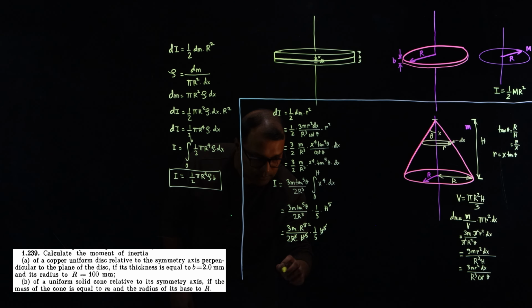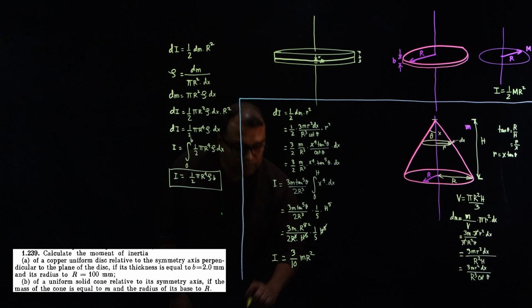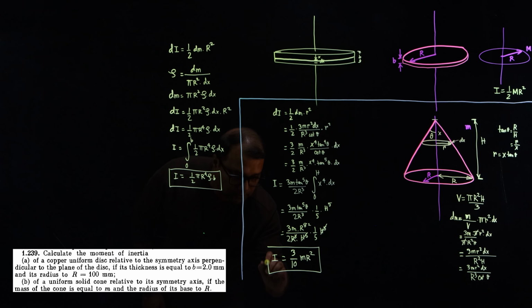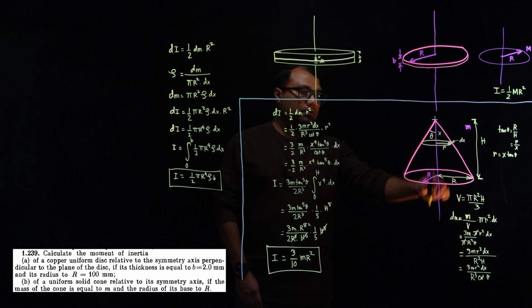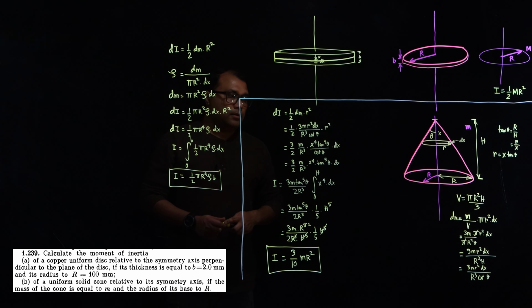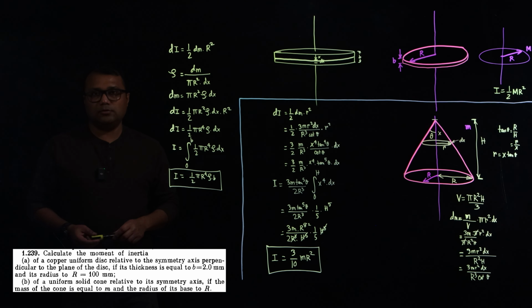This 2 cancelled. So this becomes 3 by 10 m R square. So this is the moment of inertia of a cone about this axis. Okay, so that's our solution.